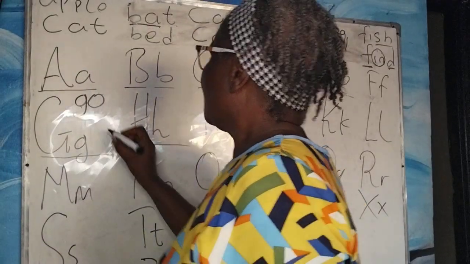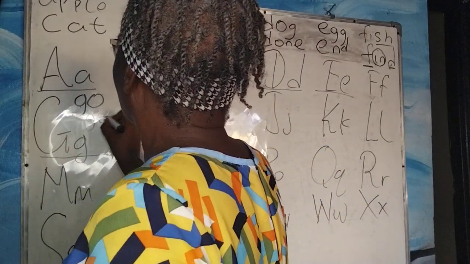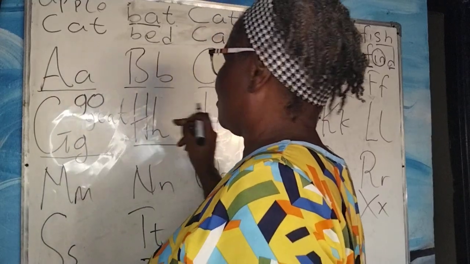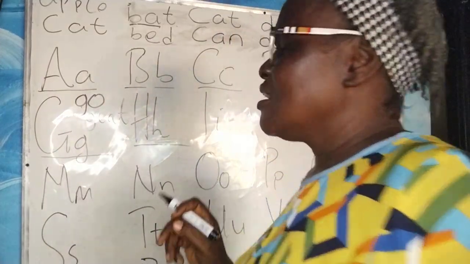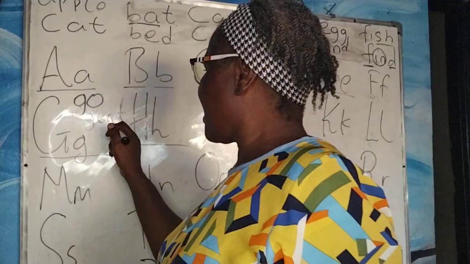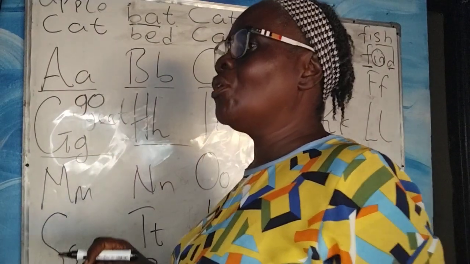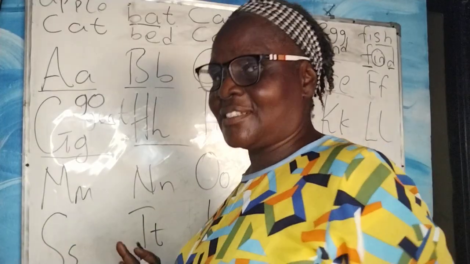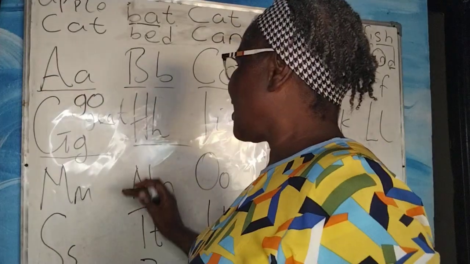goat, G, as in goat, you see it. This OA is O. That's the sound, but it's not for the foundation class. So that is why we will just spell it and continue.